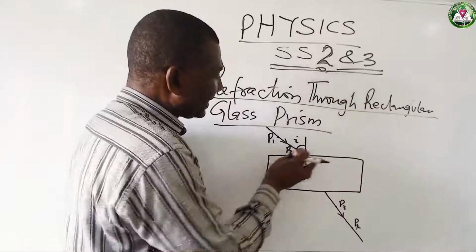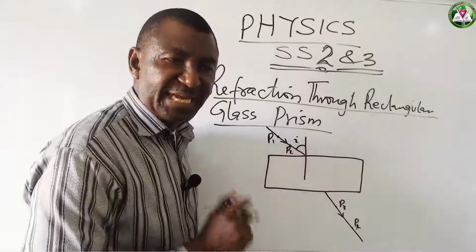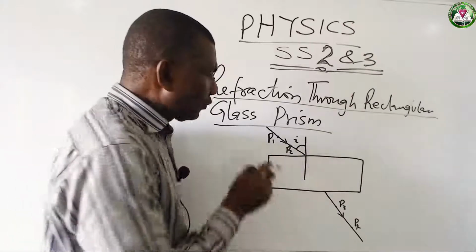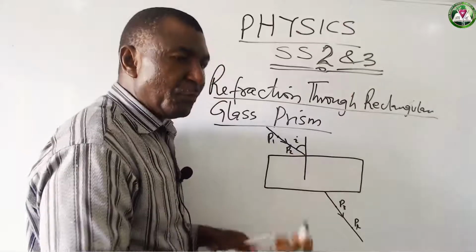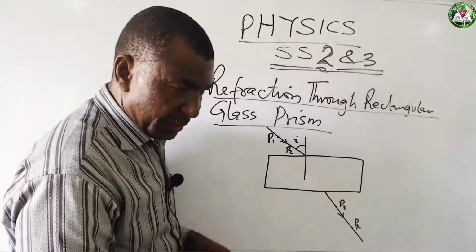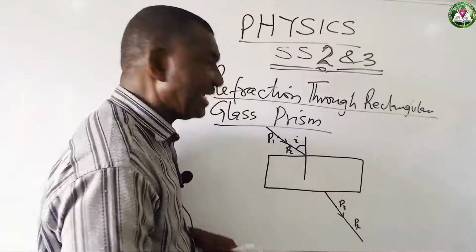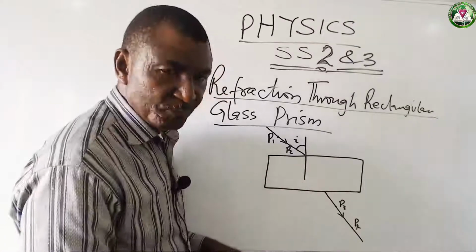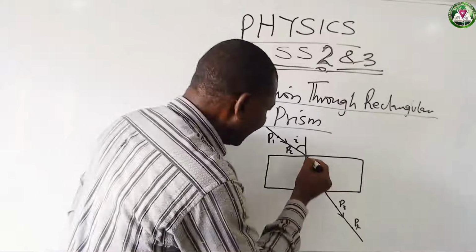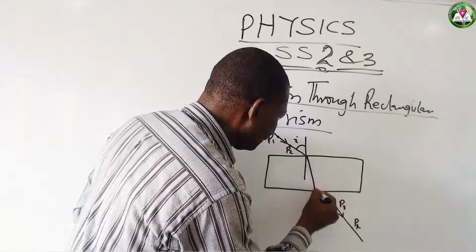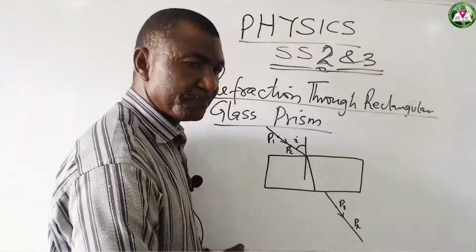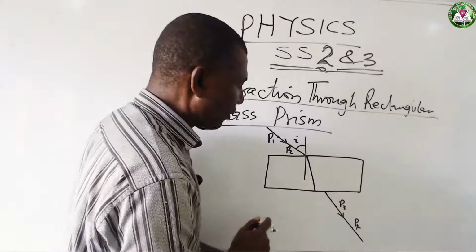You can say that it's coming from an optically less dense medium and going to pass through another one that is more optically dense, or you call it a denser medium. So it's going to bend. The bending is going to be towards the normal.